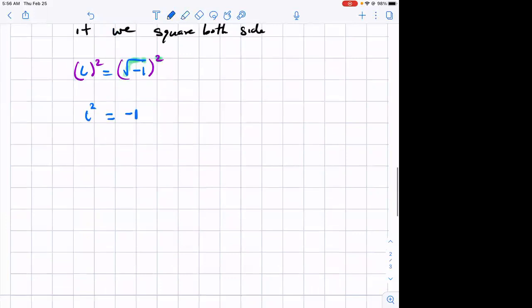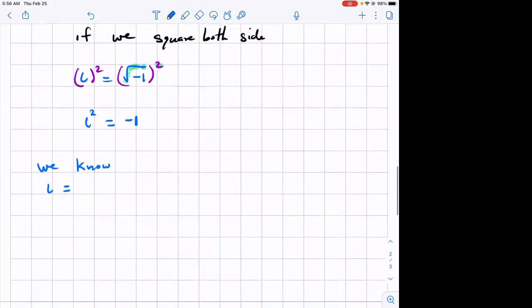So now we know i is equal to just i, right? Which is equal to the square root of -1. We know i squared is now equal to -1.